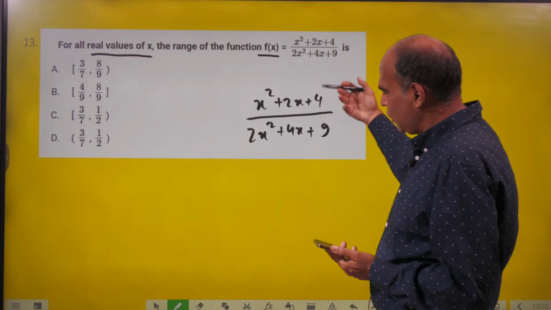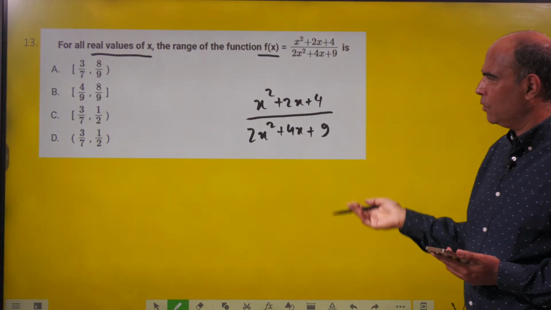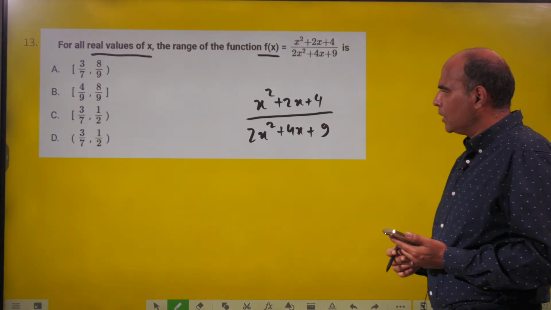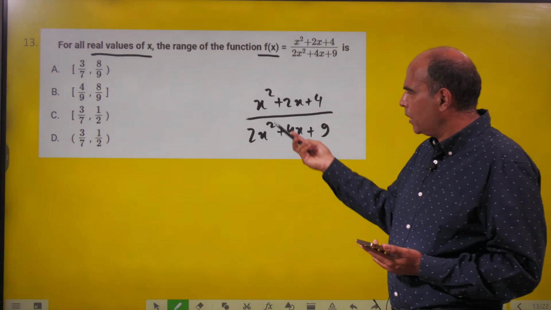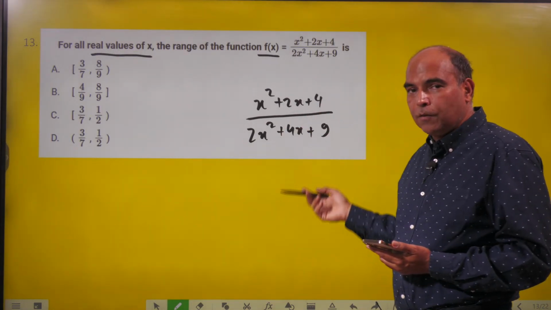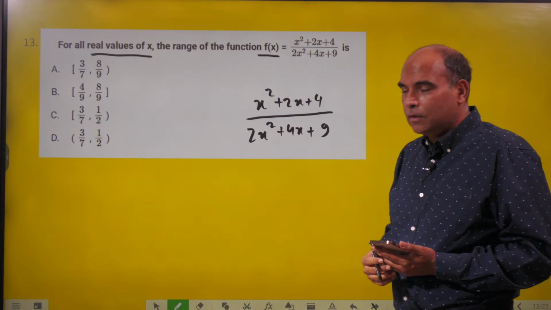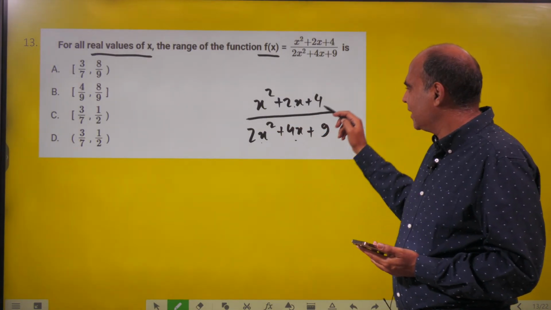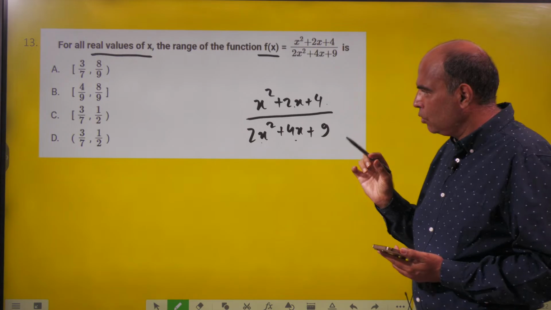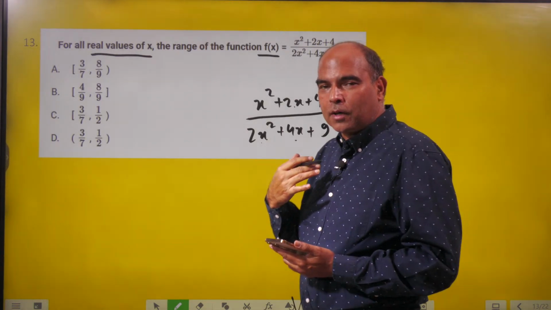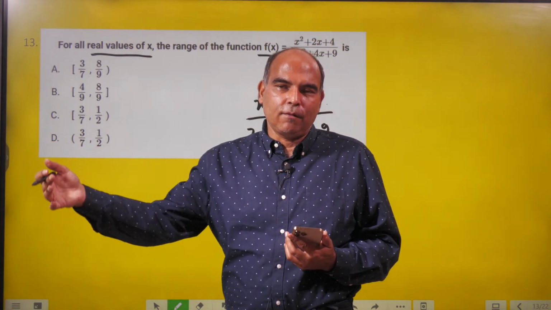Now there's a simple vision in this question immediately when you see this question, and that vision is that if you see the numerator and the denominator, each of the terms is doubling. If you read this expression properly, this is doubling, this is doubling, this is just more than twice. And since we are talking about real values of x, you are allowed to put infinite values also.